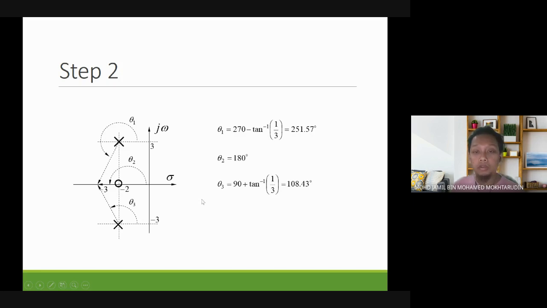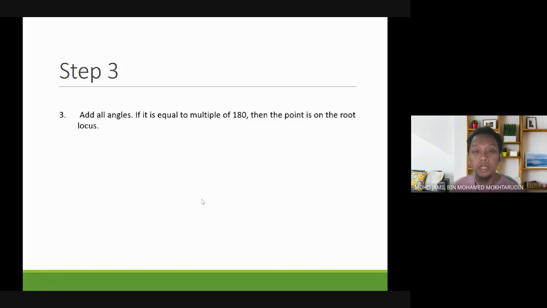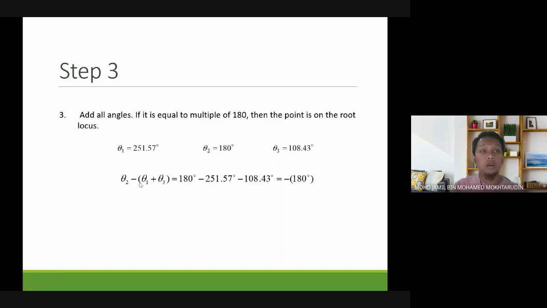So we found all the angles. Then we can add all the angles. So if the angles, when we add, equal 180 or a multiple of 180, then the point of interest is located on the root locus. So we add θ1, θ2, and θ3. Okay, we add using the formula that I explained on Monday.